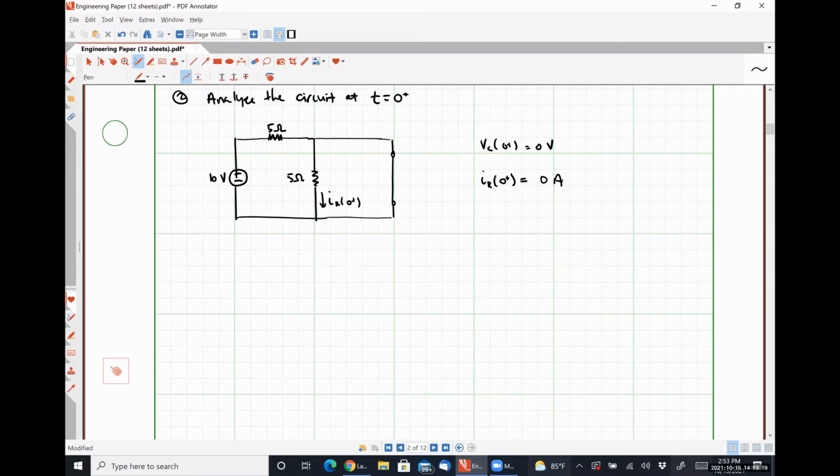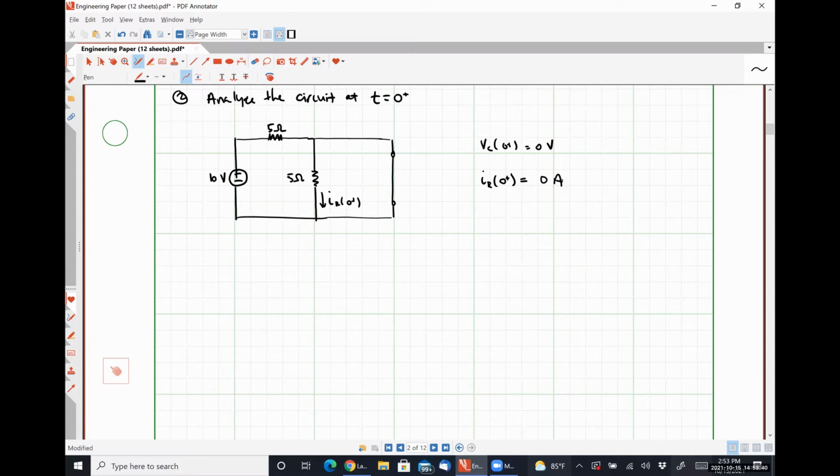We do, because over time, our forcing function, our DC source, is going to cause the voltage across our capacitor to increase, okay? So even though we don't see a change from 0 minus to 0 plus, we still have a transient condition because changes are occurring.